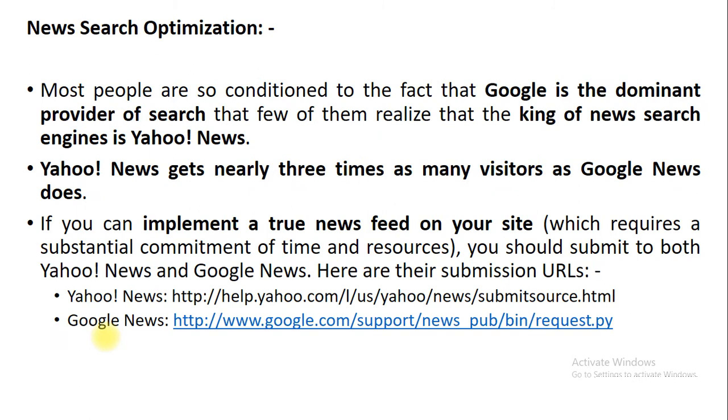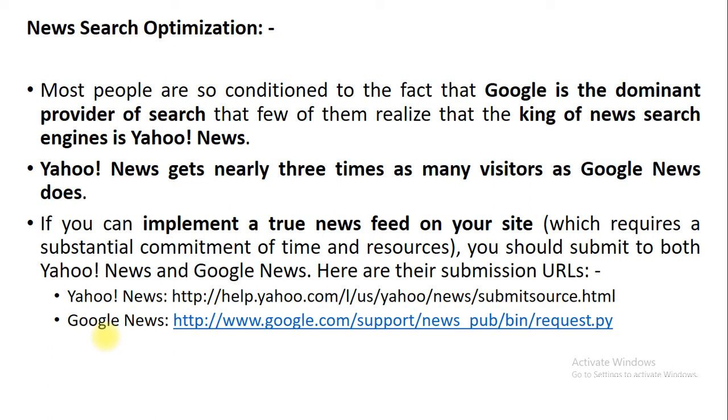News search optimization, this is the third one after RSS feed and blog optimization, and this is the last optimization. The dominant provider in news search, or we can say the king of news search engines in the market, is Yahoo News, right? We know that Google is the dominant provider in search, right?